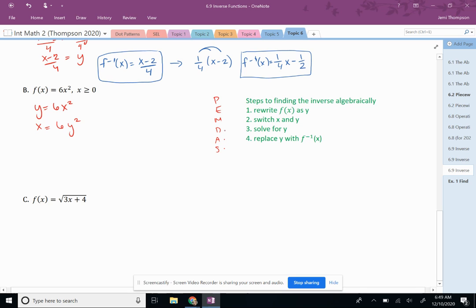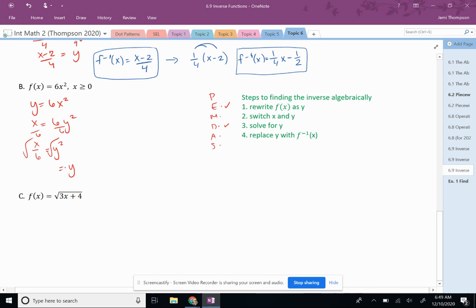Nope. Can I multiply or divide by something? Yes, I can divide by 6, divide by 6. And then can I do anything with exponents? Yes. To get y by itself, I take the square root of both sides.